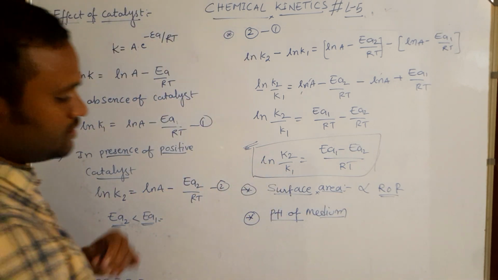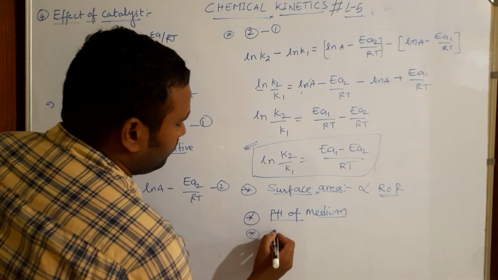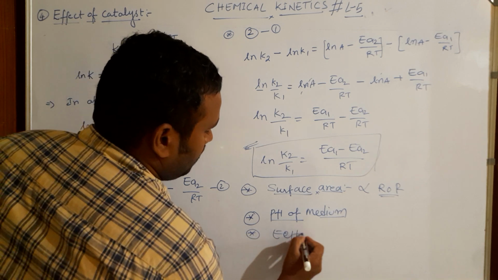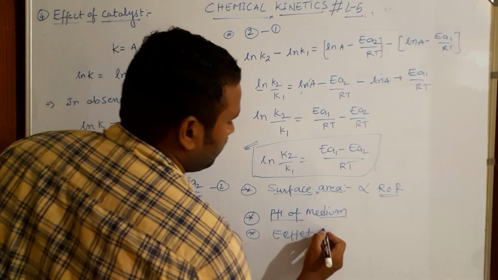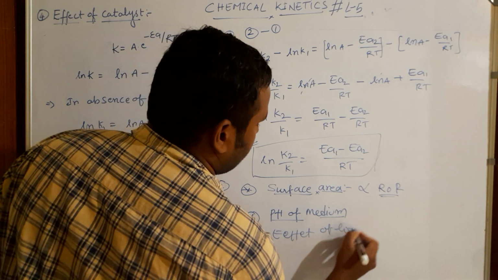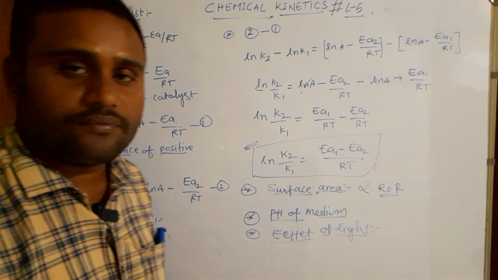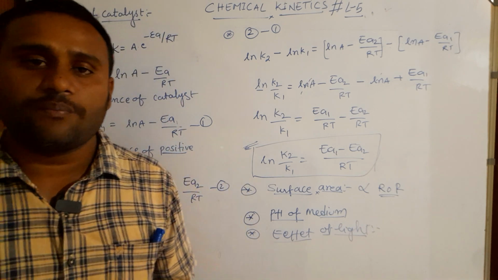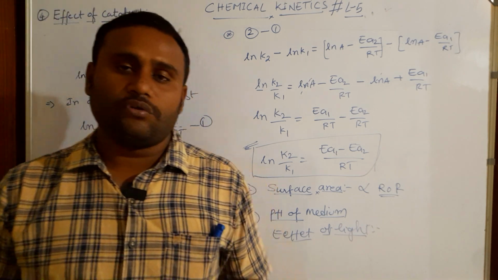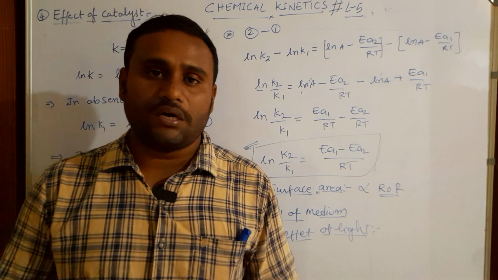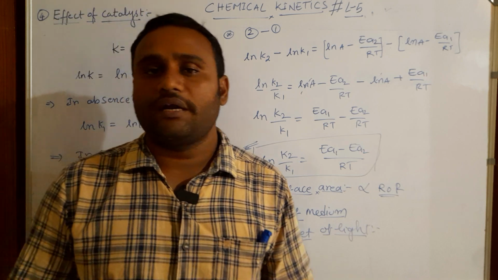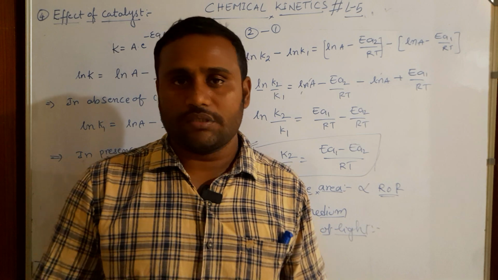And one more thing is the effect of light or radiation. Some reactions occur in the presence of sunlight only. For example, photosynthesis occurs in the presence of sunlight only. If there is no sunlight, there is no photosynthesis reaction.